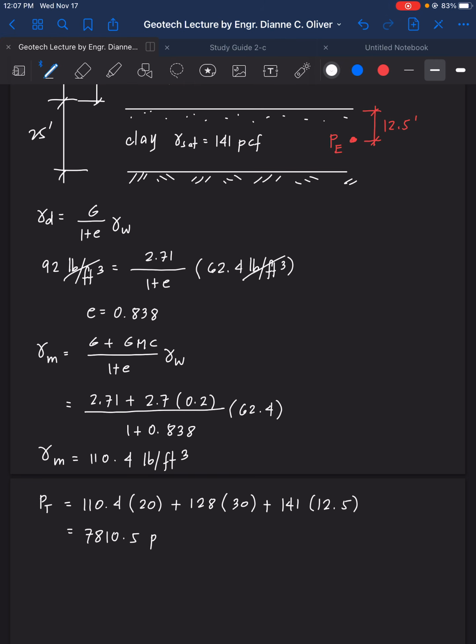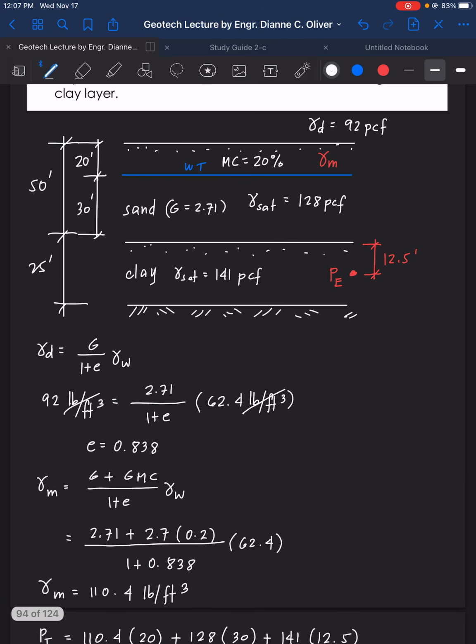7810.5 PCF. Next, let's find P water. So P water is equal to the height submerged, the total height of the soil submerged up to the point where we are taking the effective stress.